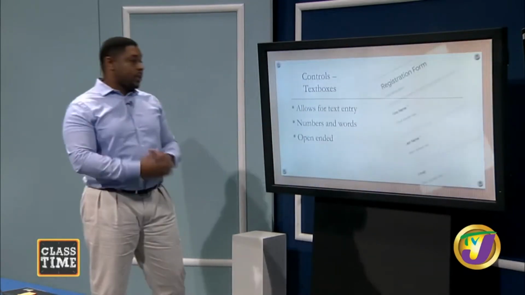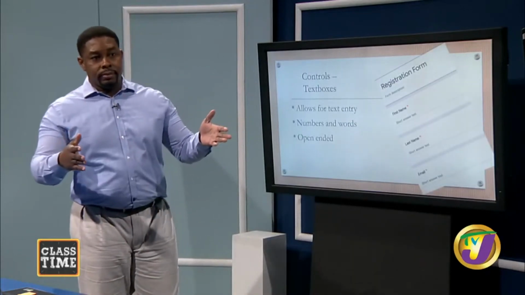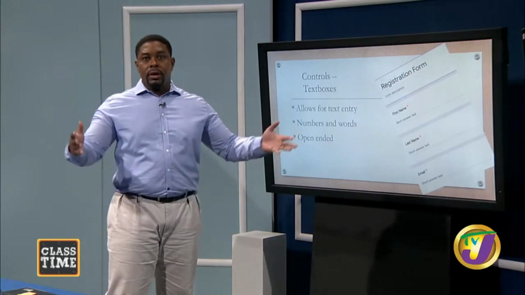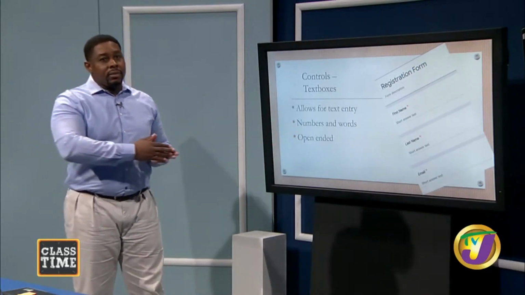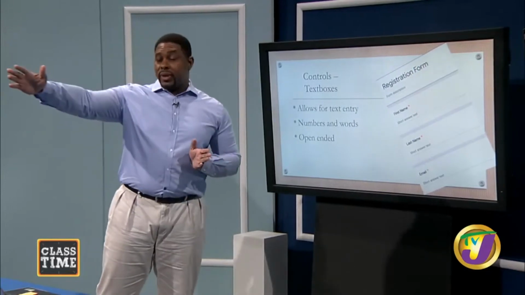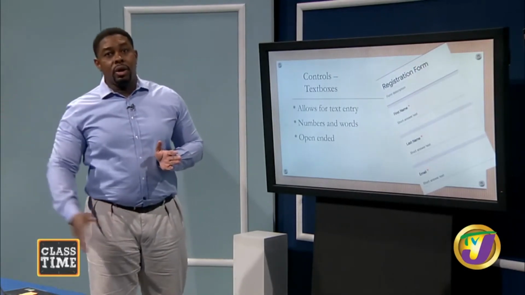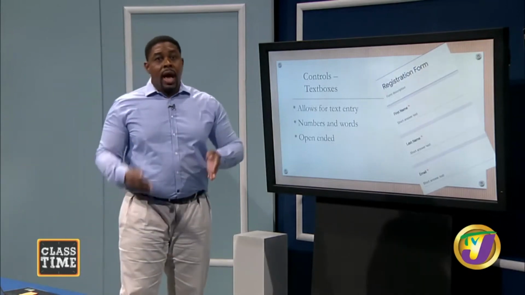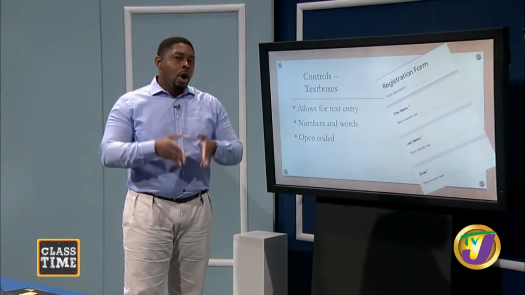Then the other option, text boxes. Now the text box is a little bit more flexible, I should say. The entries for the text box can be a barrage of text. Special characters also are allowed, numbers, all right? And here is the key to verification and validation.